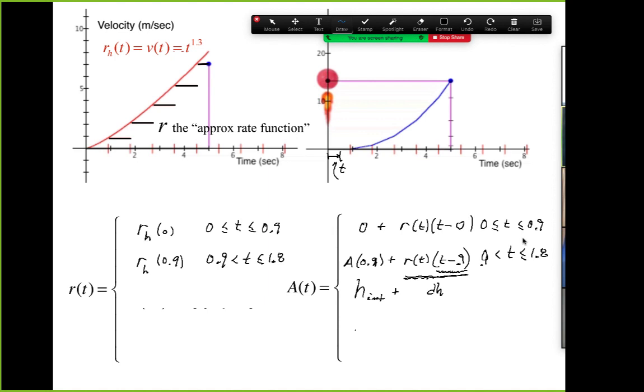So he wants these to be strictly less than, and these less than or equal to. For R of t, yes. Because if you put 0.9 for the second line of the A of t, your constant rate is R of h of 0.